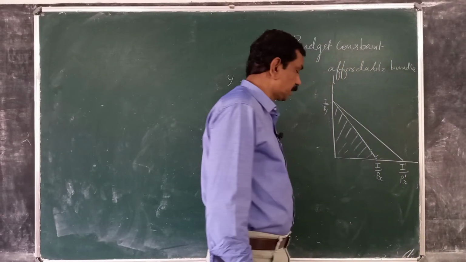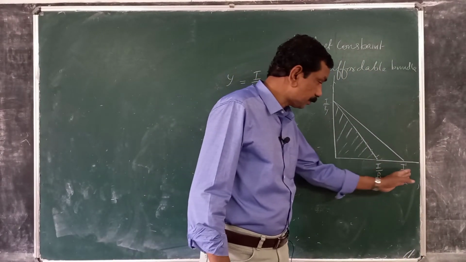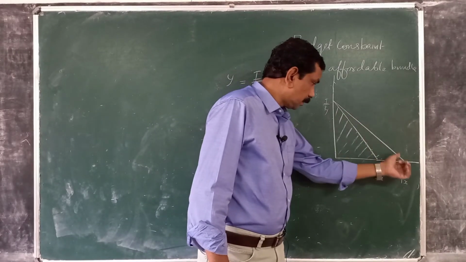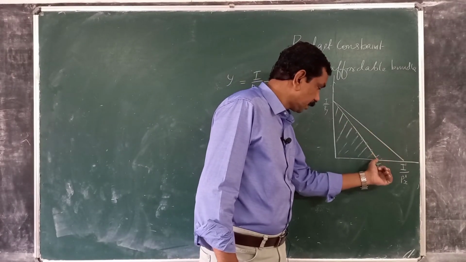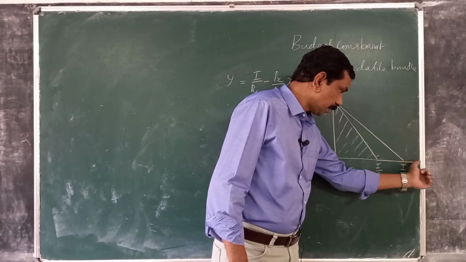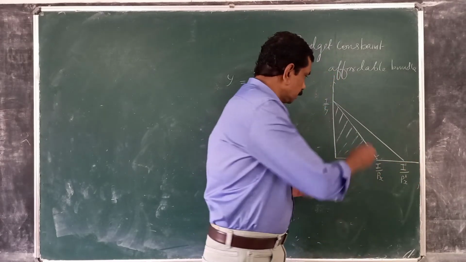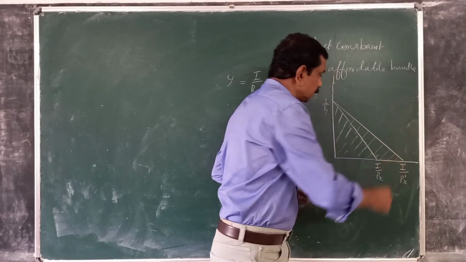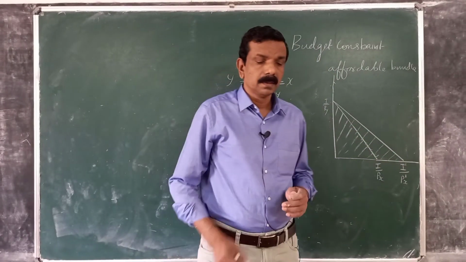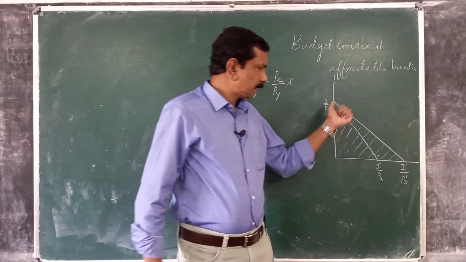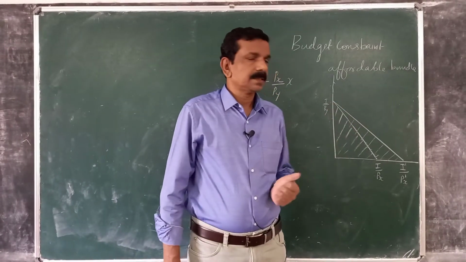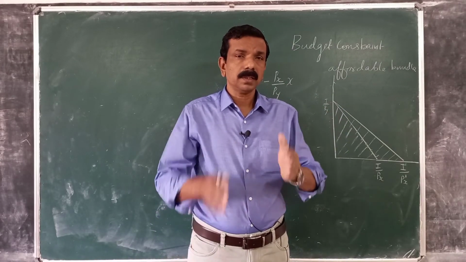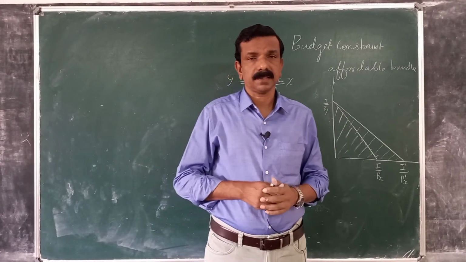When the price of x decreases from Px to P dash x, the budget line tilts and the budget set expands along the x-axis like this. That is, the vertical intercept is not affected because the price of y is remaining constant. Only the horizontal intercept is affected.